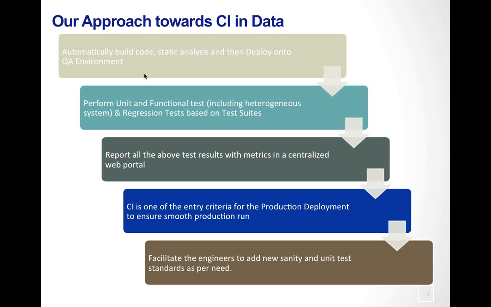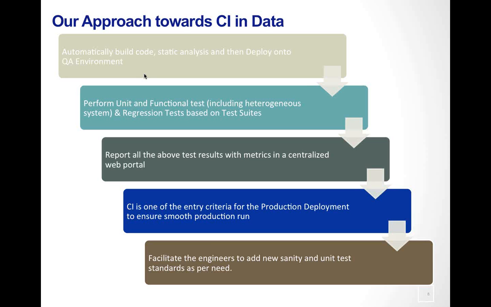These steps were basically the entry criteria for any production deployment within our organization, to ensure that production deploys are fairly tested and we have a smooth production run as well.